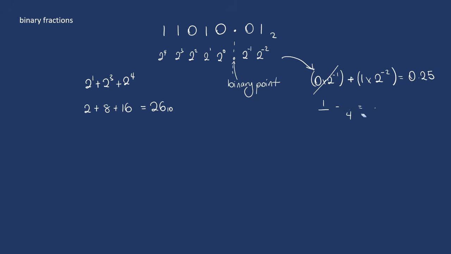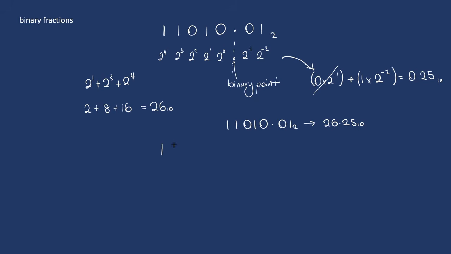If we add other parts of this binary point with a 1 on them, we're going to add them to whatever decimal this is. But since this is the only part with a 1, at the end of the day we can just add it together. So we can conclude that 11010.01 in base 2 is the same as 26.25 in base 10.